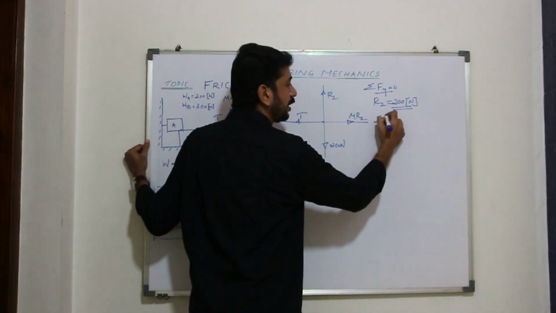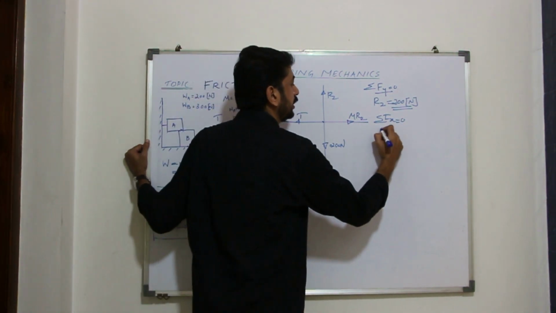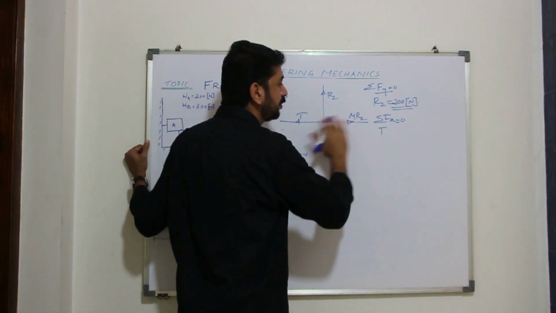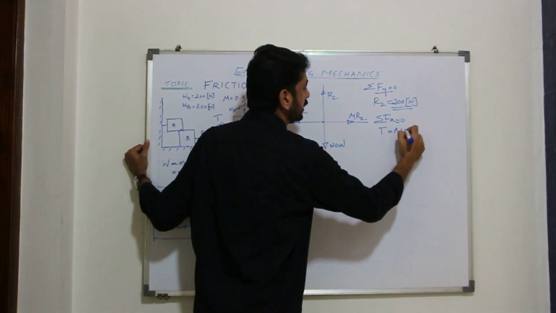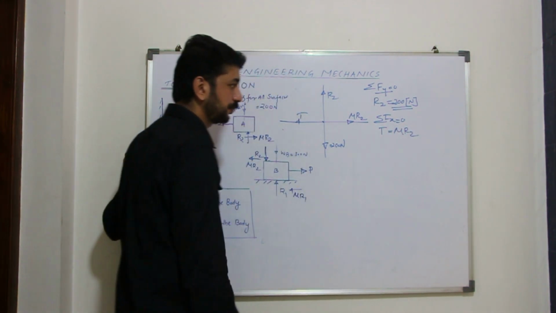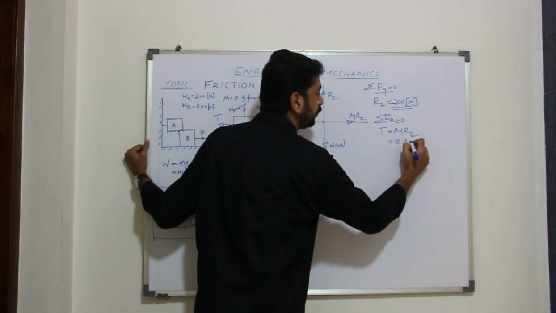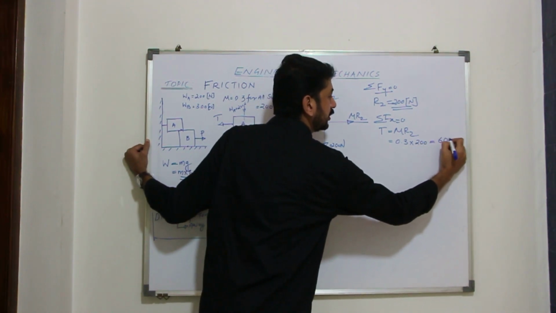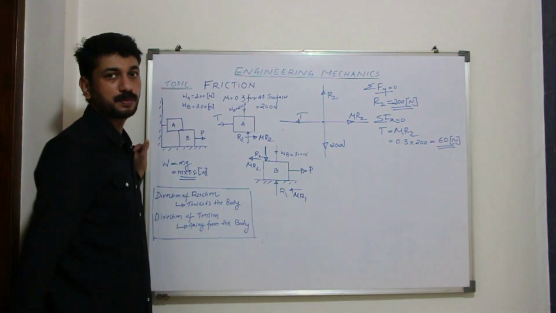And in the case of sigma Fx equal to 0, total forces acting towards right will be equal to the forces towards left, that is T is equal to mu R2. We know that 0.3 into 200 gives 60 Newton, which is the tension of block A.